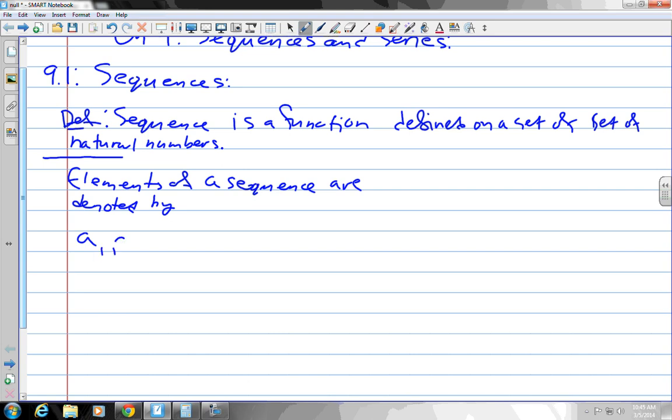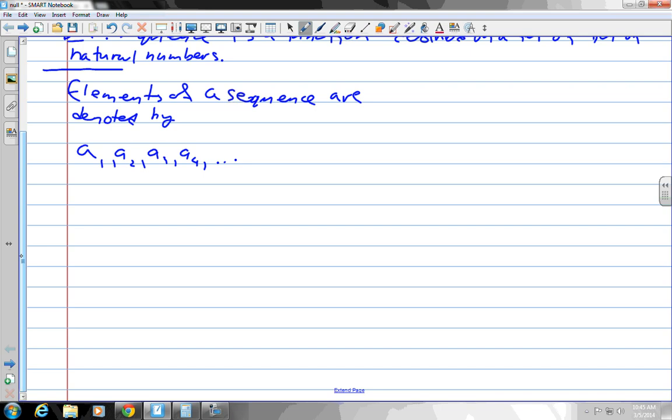So A1, A2, A3, A4, and so forth, where usually the 1, 2, 3, and 4 are the values of your variable. Those are the natural numbers. In general, for the sequence itself, we usually use this notation, A sub n, equals, sometimes some expression, sometimes it's just written like that.